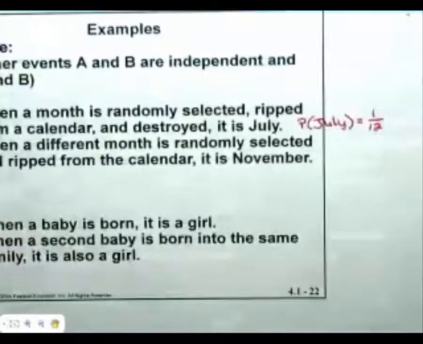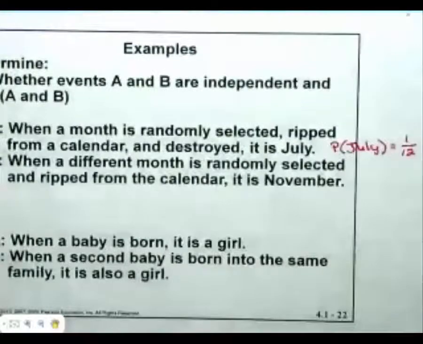Now I'm going to close my eyes again, rip out another page, and see if it's November. Would those two events be dependent or independent? Tell me why you're saying dependent. You've already ripped out a page. There are no longer 12 pages in the calendar.